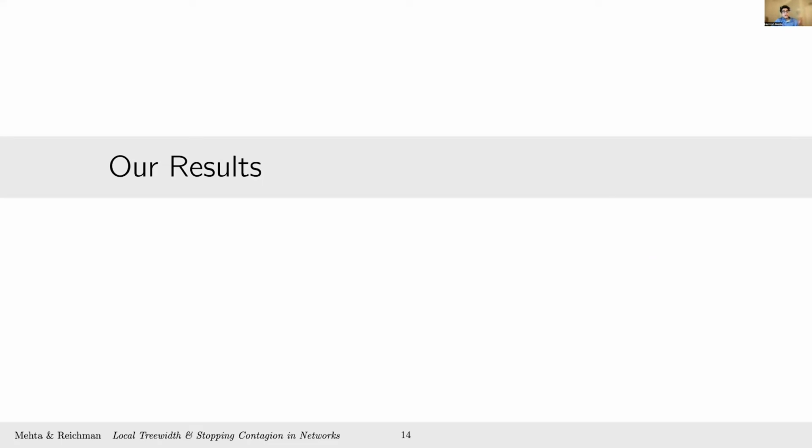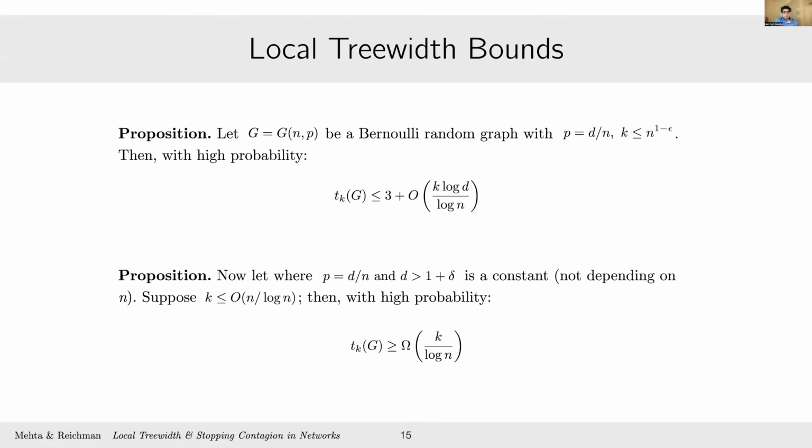Okay, so now we highlight some local treewidth bounds for random graphs. First, we have the following upper and lower bounds for the binomial random graph. You'll notice here that we show that the local treewidth of G(n,p) is bounded from above by 3 plus big O of k log d over log n.